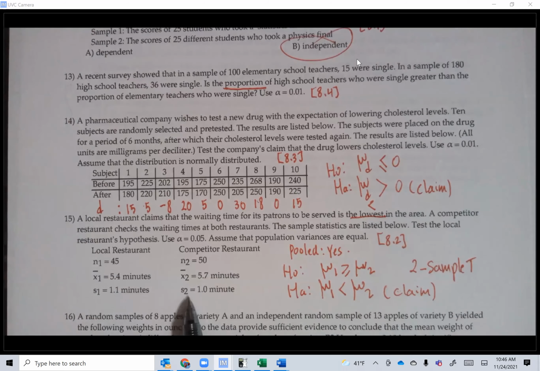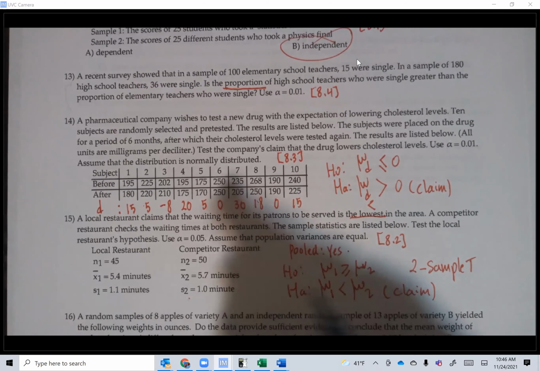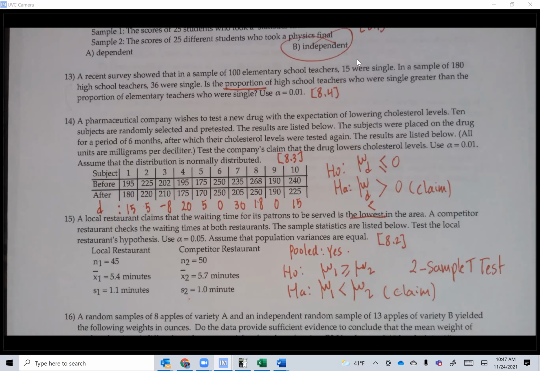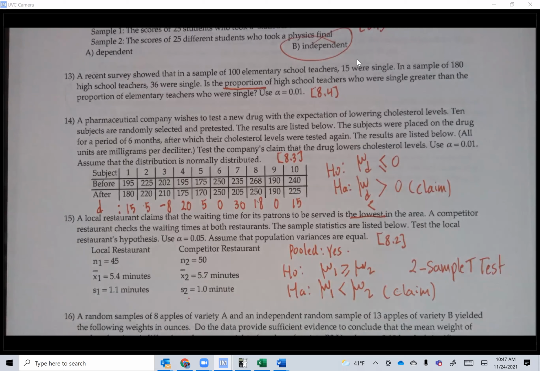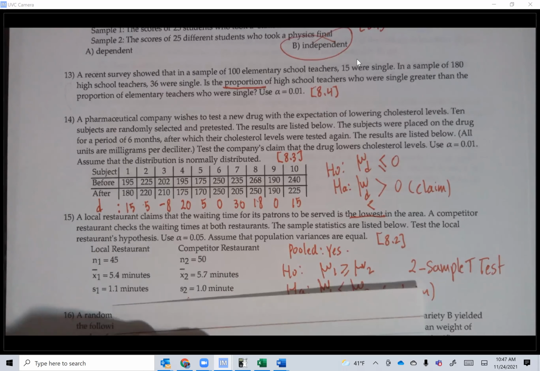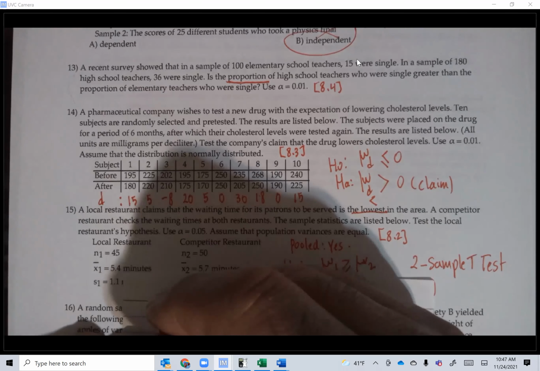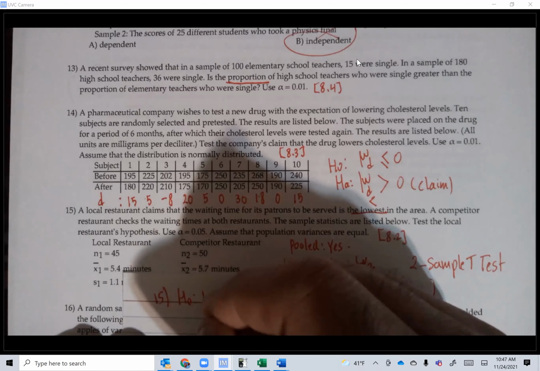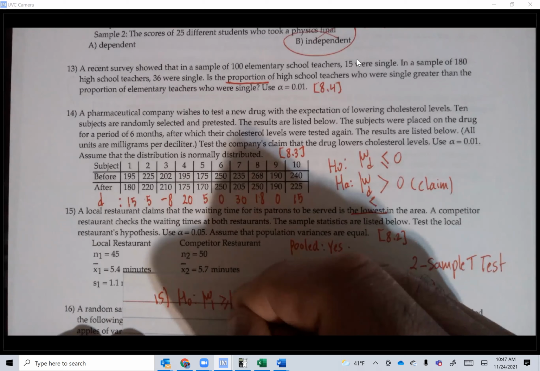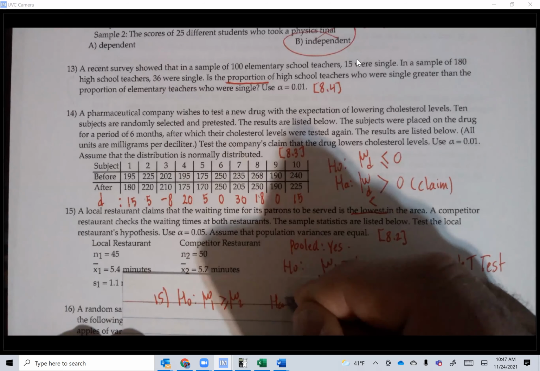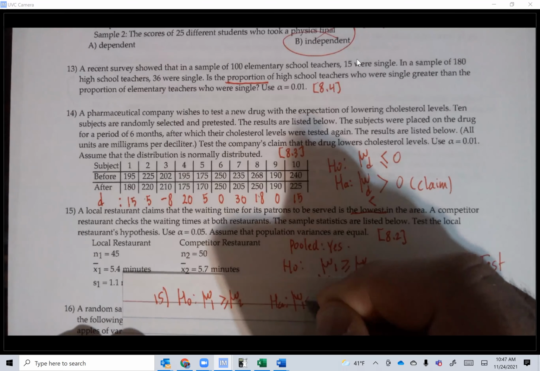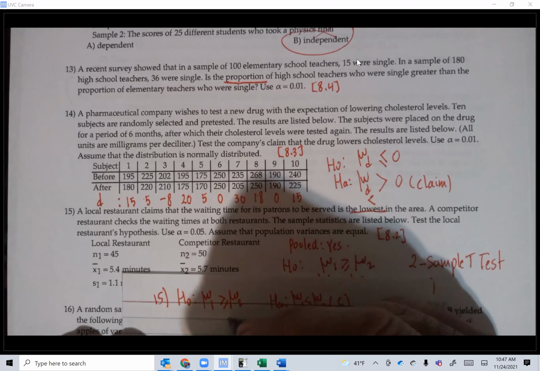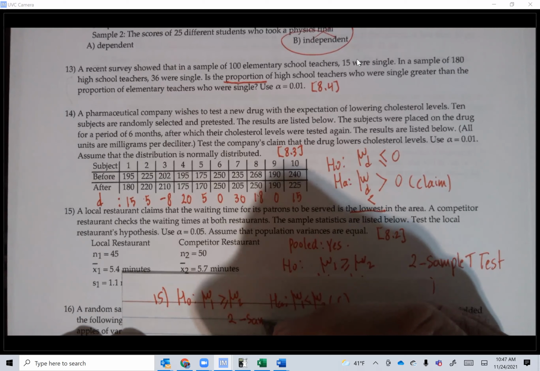He gave me sample standard deviation, sample standard deviation. Okay, let's run the test. That's number 15. H0, mu1 is greater than or equal to mu2, and HA, mu1 is less than mu2. And that's the claim. 2-sample t-test.